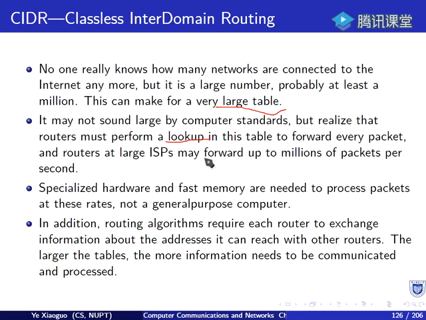So specialized hardware and fast memory are needed to process packets at these rates, not a general purpose computer. In addition, routing algorithms require each router to exchange information about the addresses it can reach with other routers.